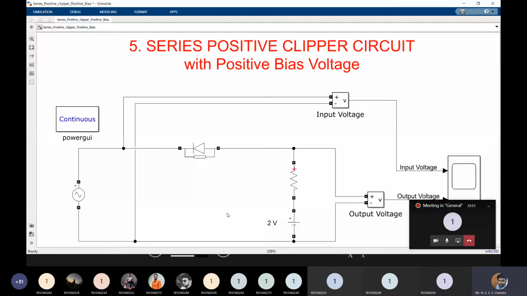When this diode is in conduction mode, what will be your output voltage? Vin plus VD across these terminals, so because we are taking an ideal diode, your V0 should be equal to your VIN. If the diode is not conducting, then V0 should be equal to your battery voltage. So let us check that over here.